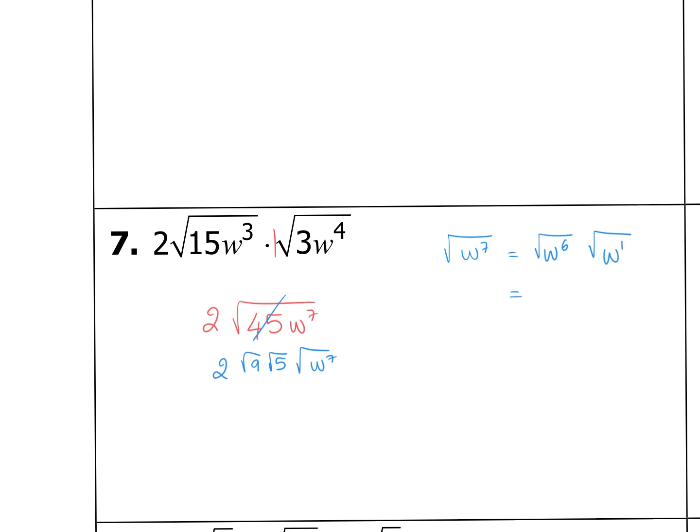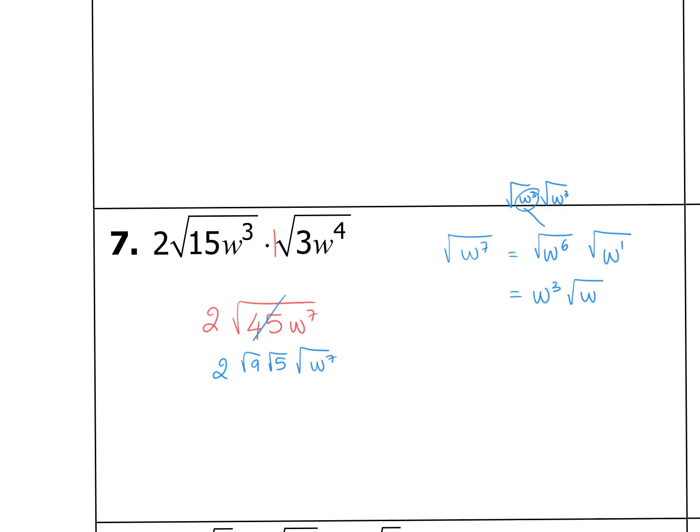All right, so now it's an even exponent, so what you're going to do is break it in half. It's w to the power of 3. And if you don't know how, I'll show you. w to the power of 6 is basically w to the power of 3 times w to the power of 3, right? And this is the answer. The base is the answer. Right? All right, so w to the power of 1 stays as square root of w.